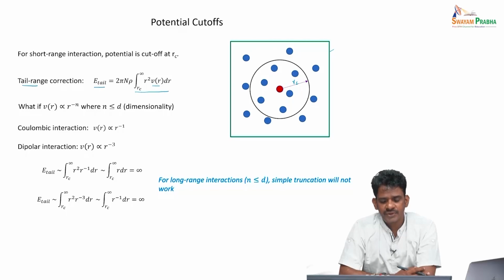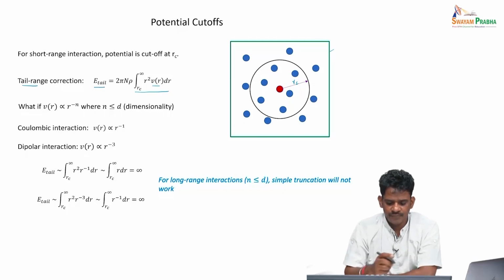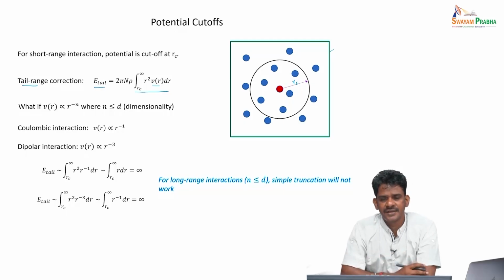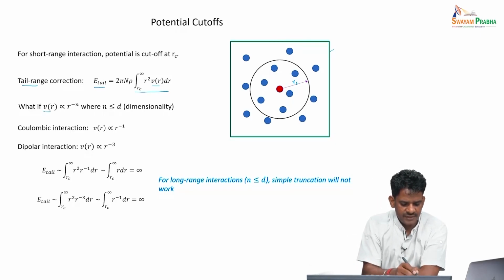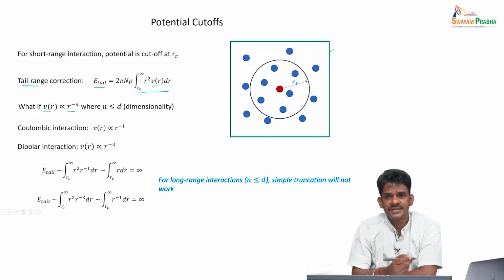In particular for the Lennard-Jones potential, it falls as 1 by r power 6, and you can see this integral nicely converges to a constant value. But a problem arises when the potential energy V is long ranged. For instance, think of a potential energy V proportional to r power minus n, where n is an integer.